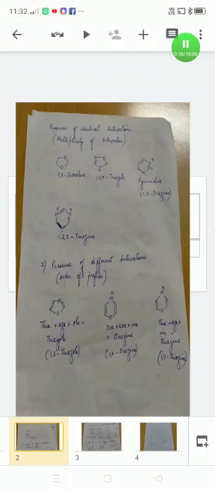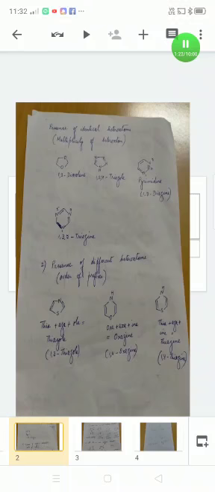As 3 nitrogen atoms are present, we use the prefix tri. The next example is pyrimidine, 1,3-diazine, showing 2 nitrogen atoms, so we use the prefix di. And the last is 1,3,5-triazine, showing 3 nitrogen atoms, so we use the prefix tri.